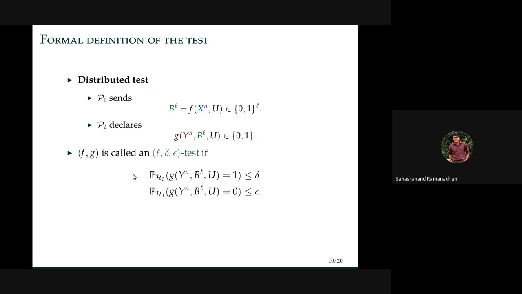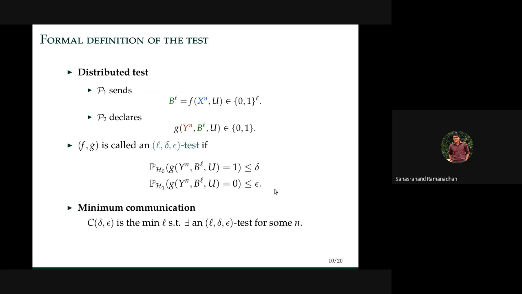So such a test is called an L delta epsilon test if the amount of communication, the number of bits that we send, is L, and the guarantees, the false alarm and misdetection probability guarantees, are upper bounded by delta and epsilon. So we seek to characterize this quantity C delta epsilon, which is the minimum L for which there is an L delta epsilon test for some n.